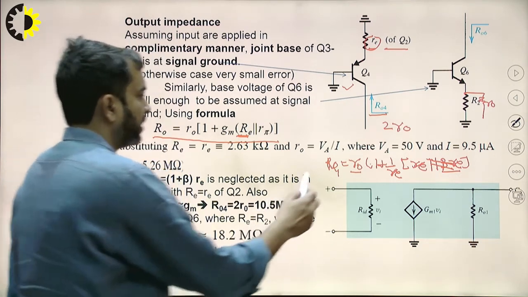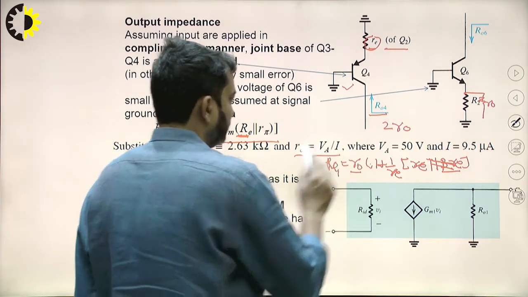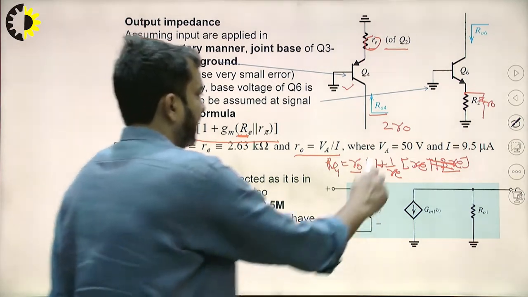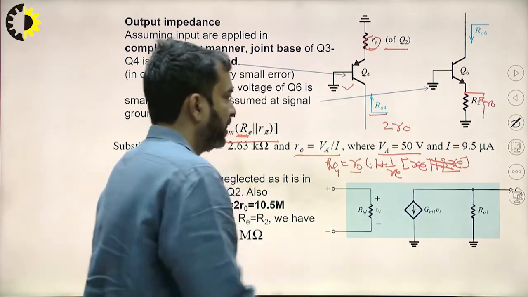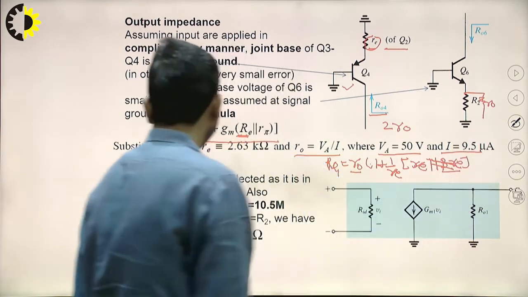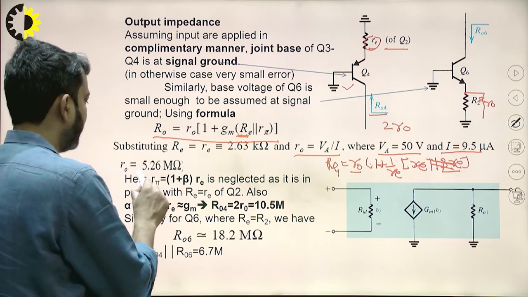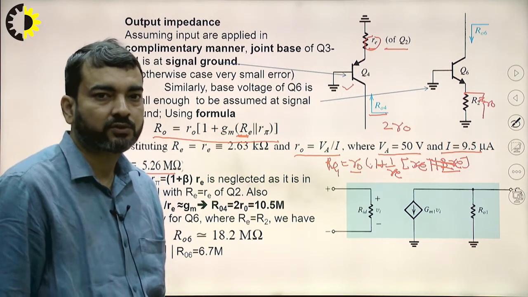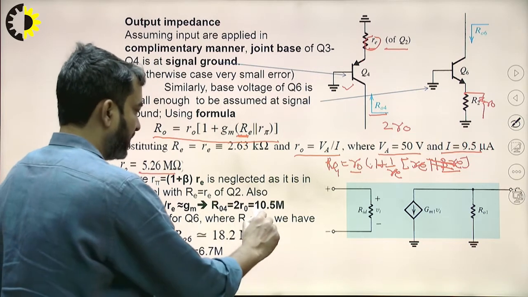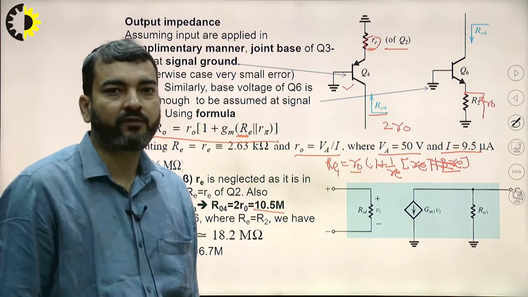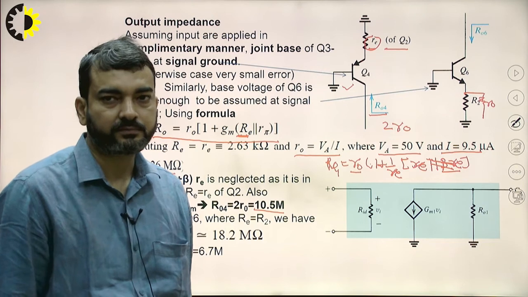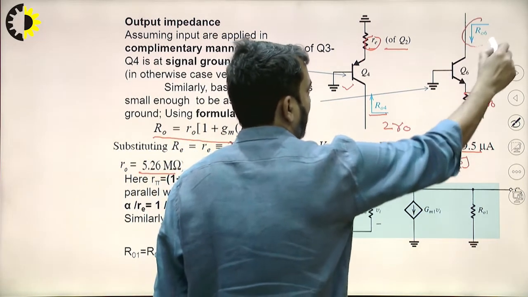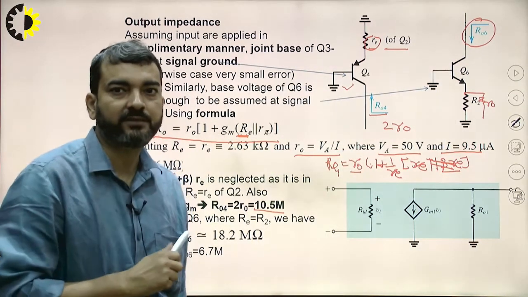Here R0 can be calculated by using the formula VA by I, where VA is the early voltage, 50 volts, and the corresponding bias current is this much. So we will get R0 as 5.2 mega ohms, so 2 times R0 will be approximately 10.5 mega ohms. In the same way, we can calculate the resistance R06 by using the same formula.